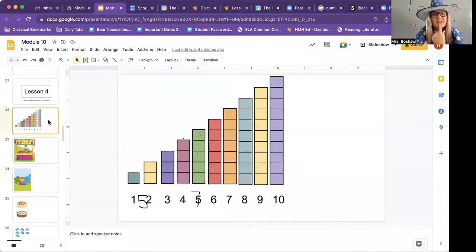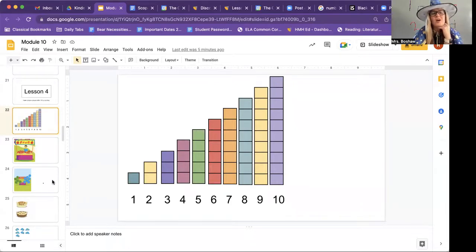You want to go back to this? Let's look. 5 is right here, right? I'm going to take that away. Okay. 5 and 7. 7 has more. It's greater. So 5 is less, right?